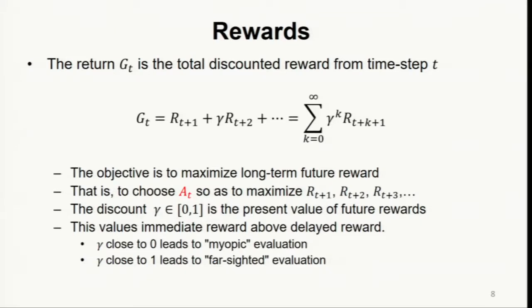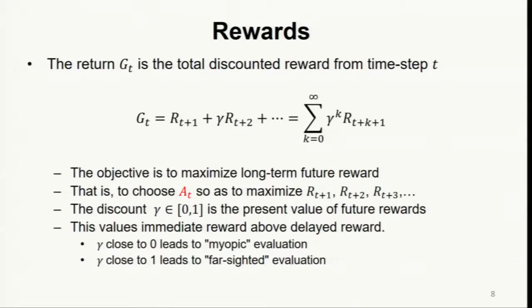Then you do the transition, choose another action, and get another reward. G_t is the total discounted reward, and it is different from R. That's why we go from k equals 0 to infinity of gamma^k R_{t+k+1}.